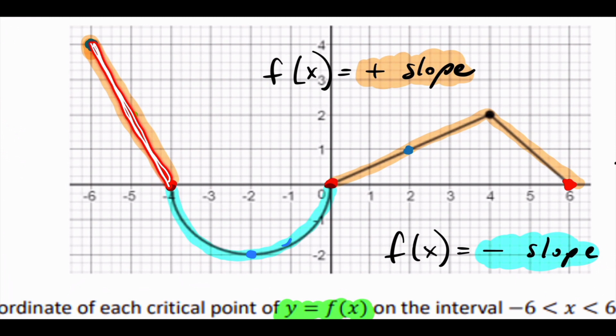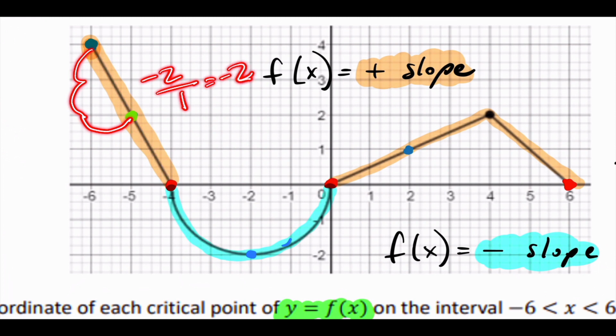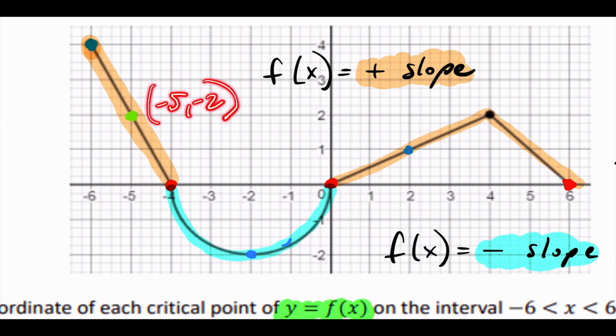The second derivative would be the slope of that segment. So the slope of this would be down 2 units over 1 unit, -2 over 1, which is -2, right? So a point on the second derivative would be -5 comma -2. That's where that green dot would be. Because it has a negative slope, it's decreasing, because I'm talking about the second derivative now. See what I mean? Okay.